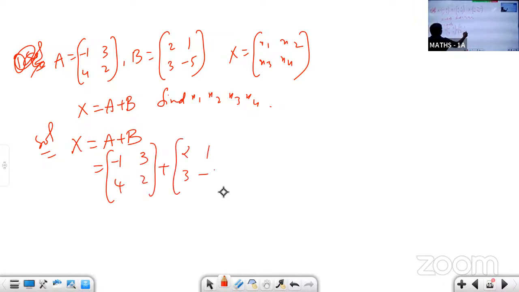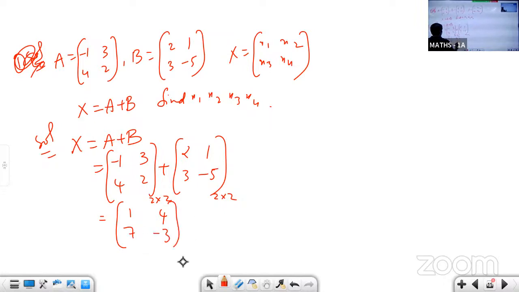And B is 2, 1, 3, -5. In order to add two matrices, their order must be the same. So what is the order of the 2 matrices here? 2 by 2. So directly add them. Corresponding elements can be added. -1 plus 2 is 1. 3 plus 1 is 4. This is 7. This is -3. This is X. But what is your X?